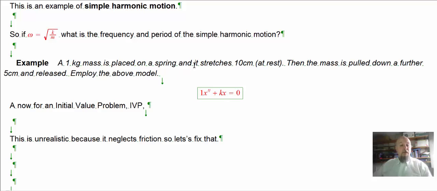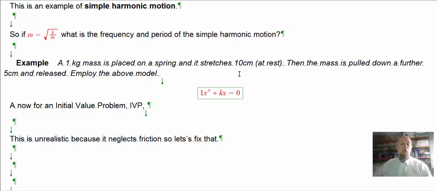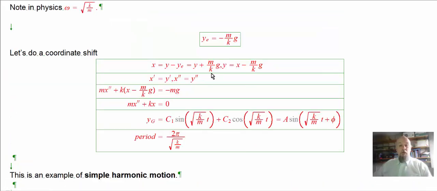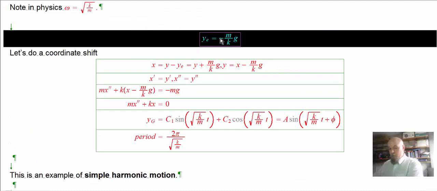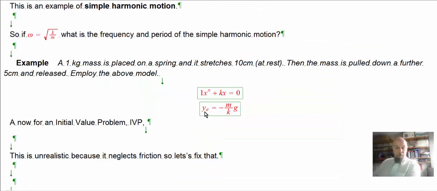But they give me that the mass is placed on a spring and it stretches 0.1 meters. So they're telling me that the equilibrium value is 0.1 meter.